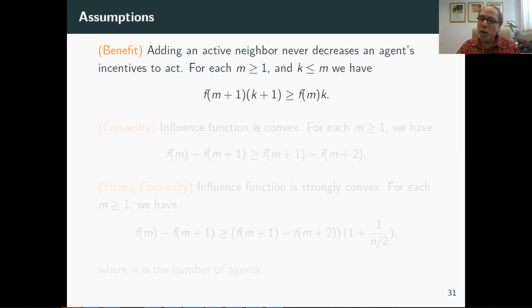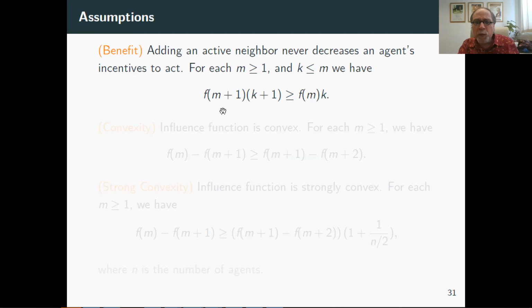As Sergio said, if you add a friend that doesn't take the action, then it increases the dilution. But if you introduce a friend that does take the action, then although the dilution is growing, I have another person who takes the action, and the overall effect is going to grow, okay? It's so intuitive that I cannot imagine a situation in which this won't be the case, okay?